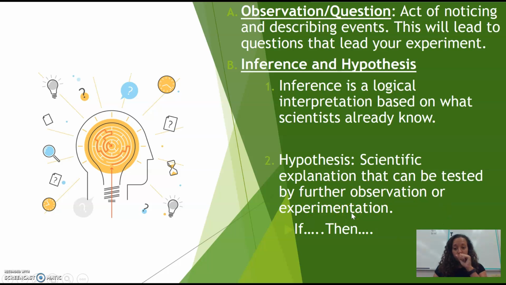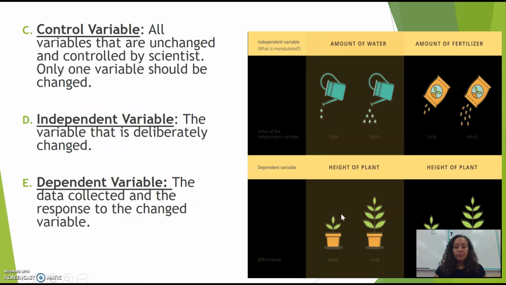So now you're ready to make an actual explanation. You're making your guess, hypothesis. When you create a hypothesis, you always want to make it if, then. If fertilizer is added to tomatoes, then it will give you a higher yield, or you will get more plants, whatever your dependent variable would be.